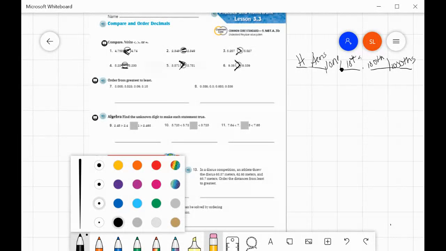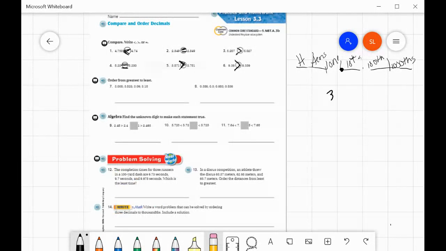I'm going to write the numbers 3.008, and I'm going to make sure my decimal points are lined up. 3.825, and then 3.09 and 3.18.